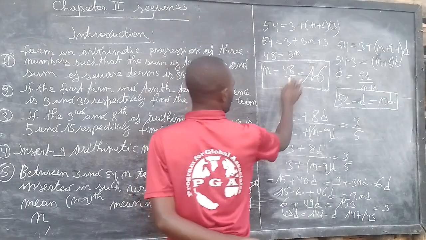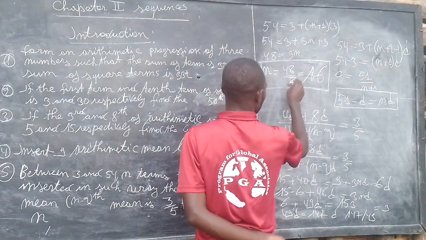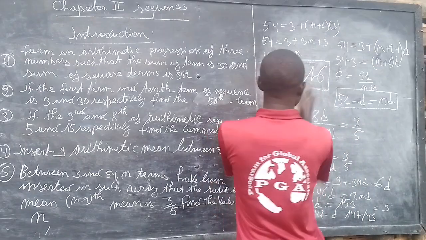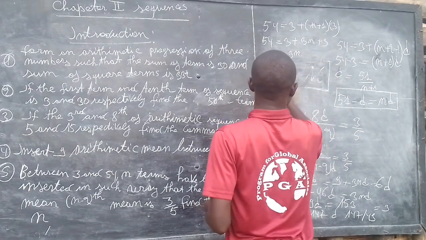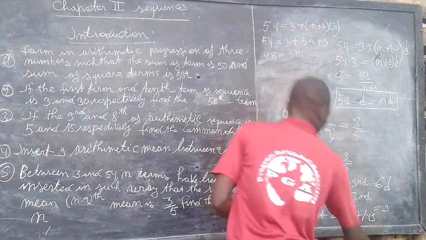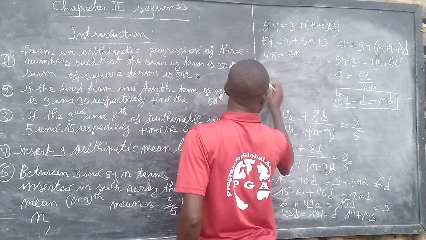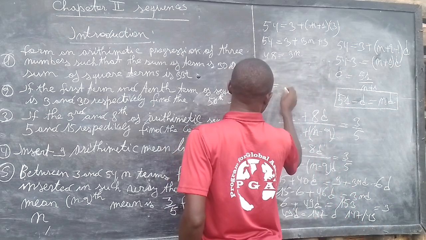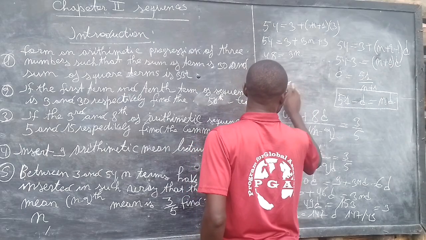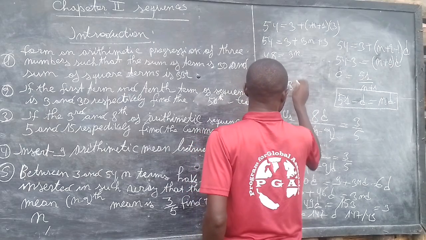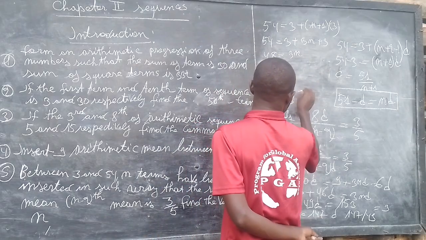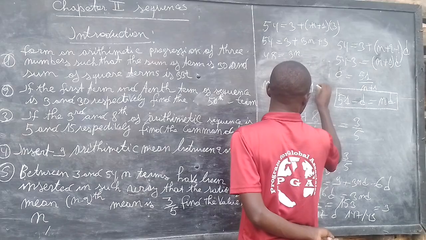So this is the final answer. Our n will be equal to 48 over 3, which is equal to 16.